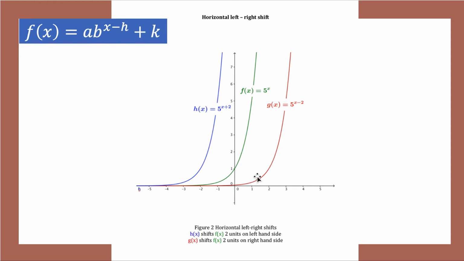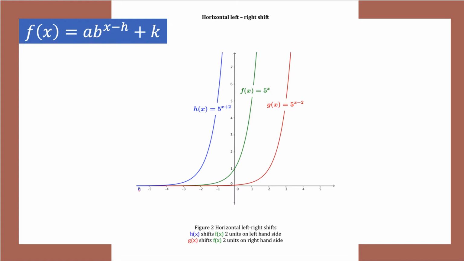If we have f of x minus 2, it means that we have a right shift of 2 units. If we have f of x plus 2, we have a left shift of 2 units. It is very similar with a quadratic function and other functions when we are talking about horizontal translation.